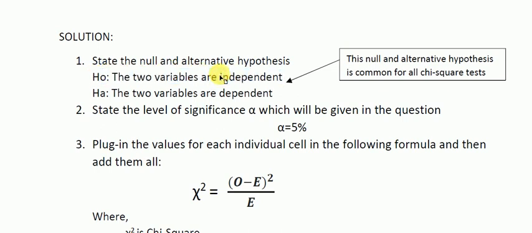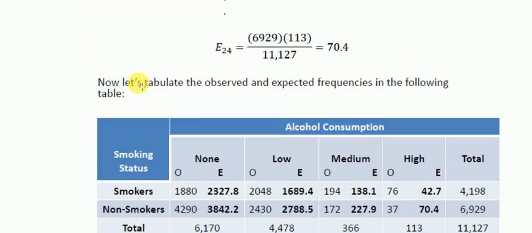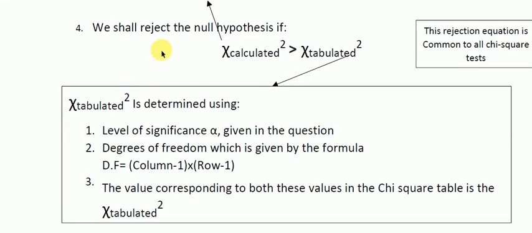So if we end up rejecting the null hypothesis, this means that the two variables are dependent. But if we fail to reject the null hypothesis, then the two variables are independent. So we reject the null hypothesis when the chi-square calculated is greater than chi-square tabulated.